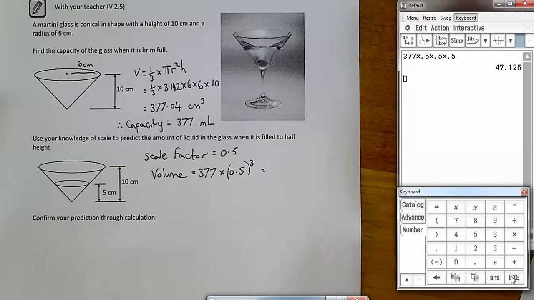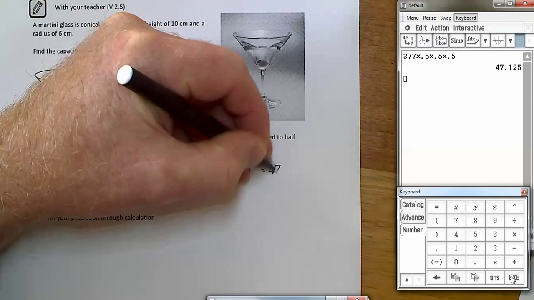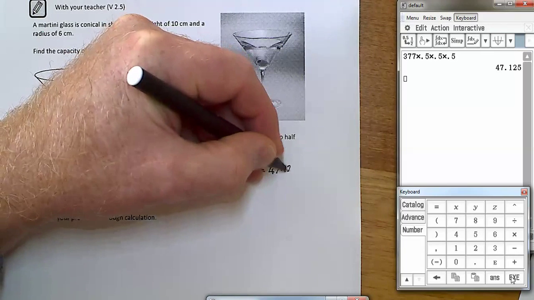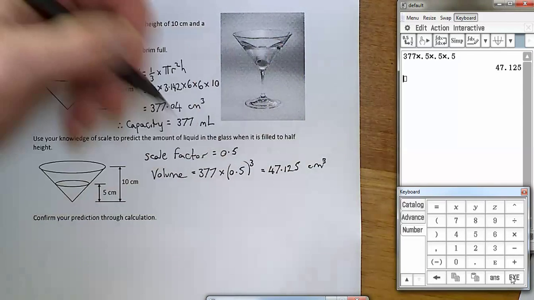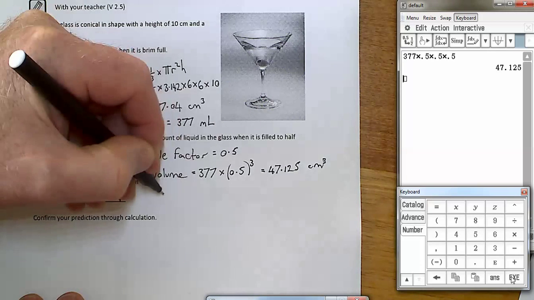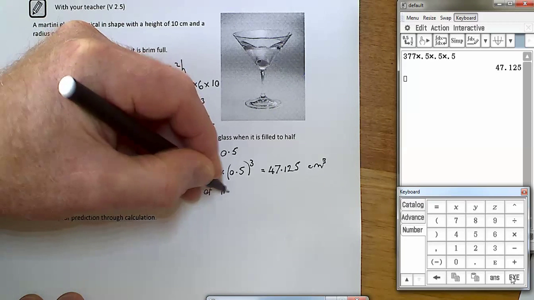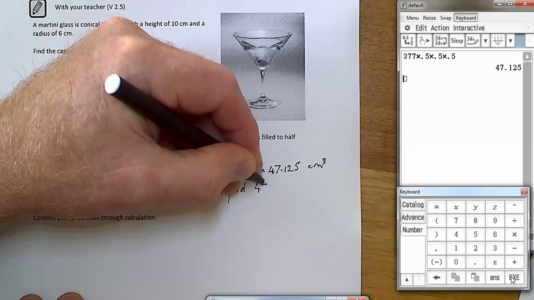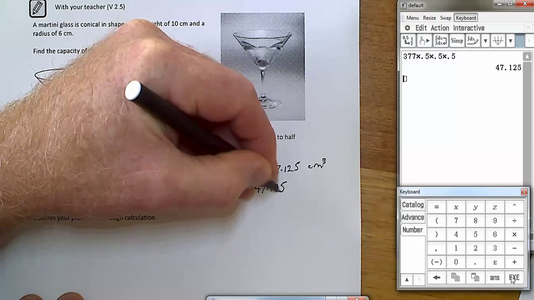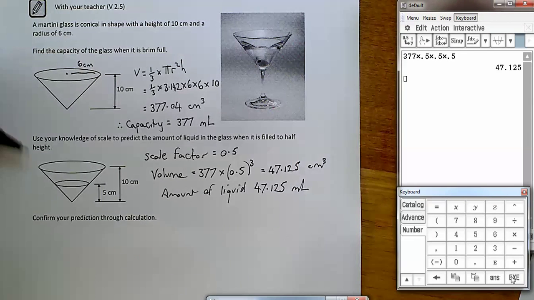And I get that the new volume of it is 47.125 centimetres cubed, or the amount of liquid will be 47.125 millilitres.